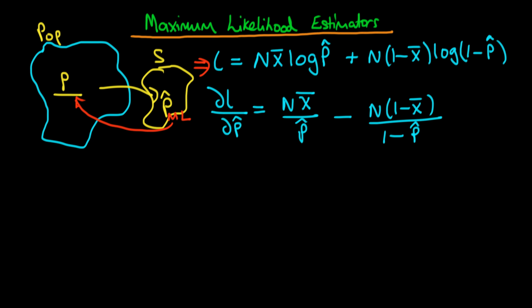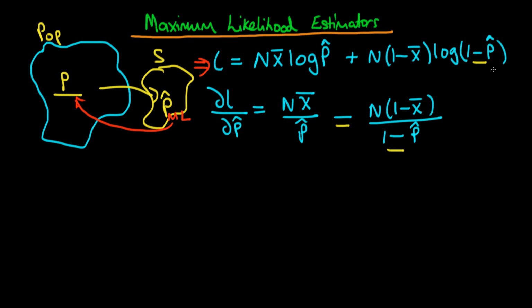And we get a minus here because of using the chain rule, because we've got a minus sign up here. When I differentiate that, I'm going to get a minus times 1 over 1 minus P hat. So that's why we've got a minus sign which has come in here.